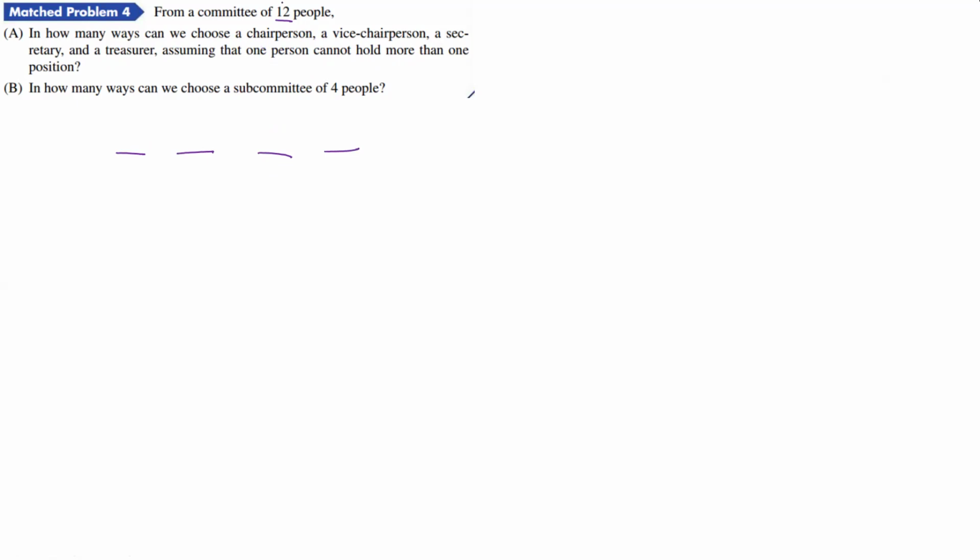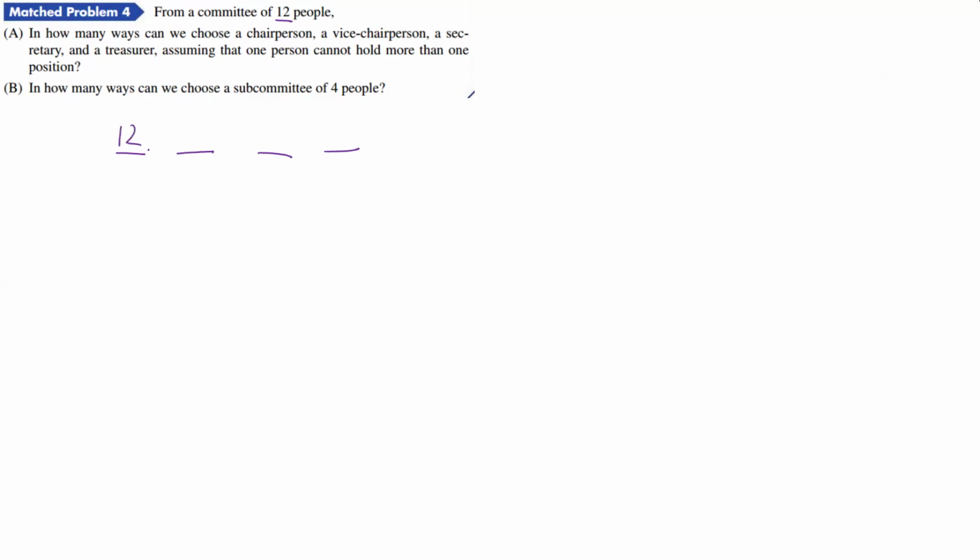That's our first key always, no matter what the problem, because they could put this in any order in the book or on the test. So does order matter? Well, if you're going to have a chairperson, a vice chairperson, a secretary, and a treasurer, order really does matter here because you're not going to put the treasurer in the chairperson's place and you're not going to put the vice chair as the secretary. The chairperson is the chairperson, that is that.